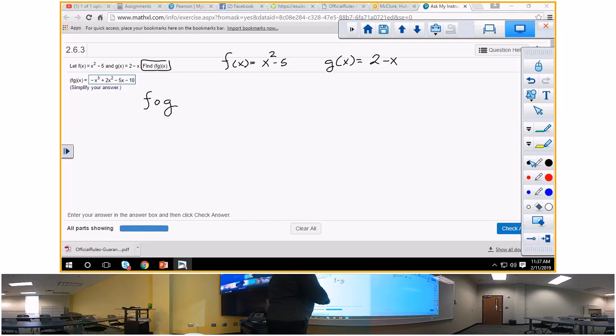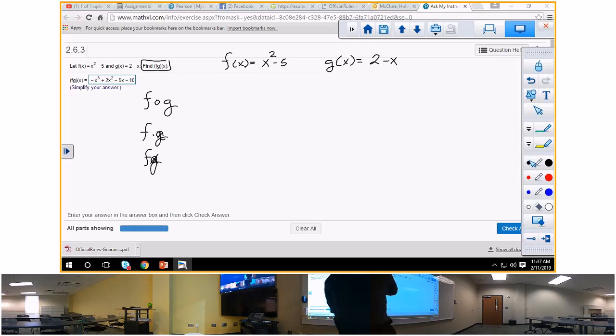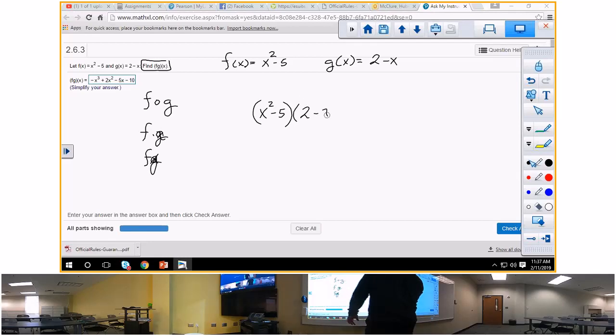So let's see if they're just wanting to multiply. If they're just wanting to multiply, that's what this is, except they don't put the dot, they just put f of g. So let's see if that's what they're wanting. Then we just multiply the two together. x squared minus 5 times 2 minus x. Got to use our FOIL method first.